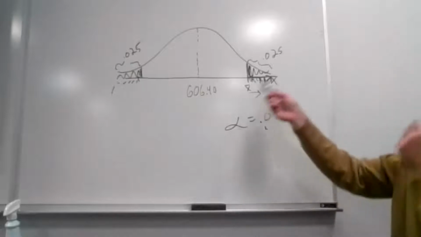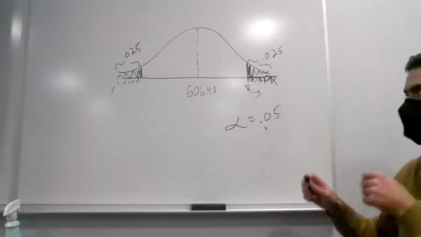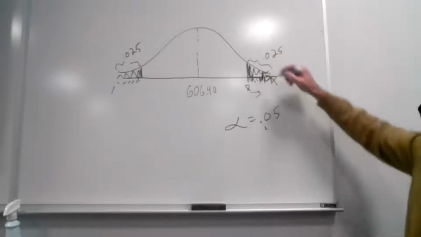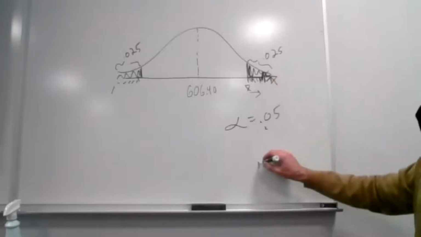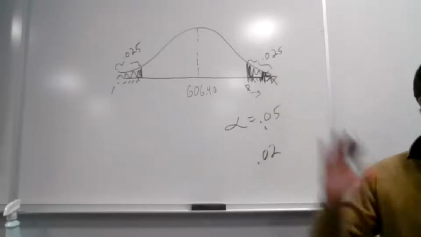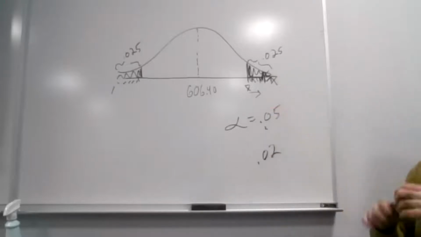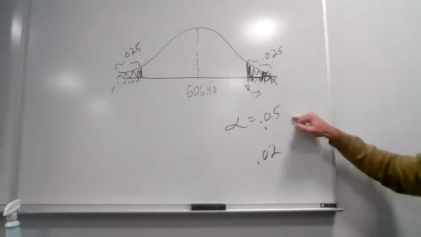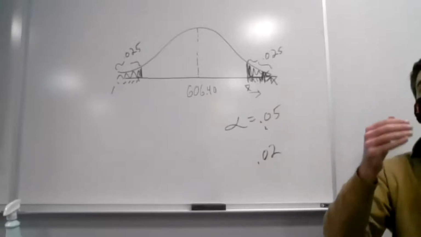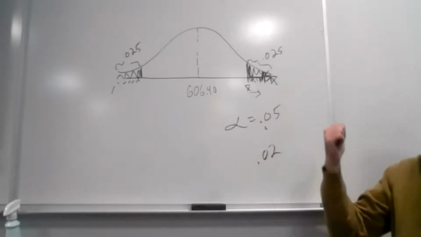So that's why the relationship between alpha and the p-value matters. If I see a p-value that's even less than 0.05, so maybe 0.02, I know that I could be wrong. I know that I could be making a type 1 error. But the probability that I saw something that far away from this assumed true value, if in fact it was true, is less than the standard that I wanted, which was 5%.